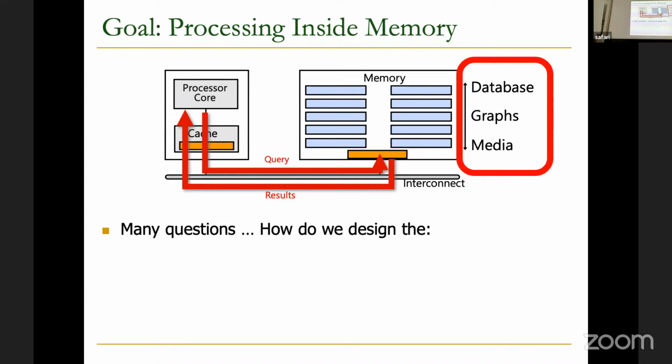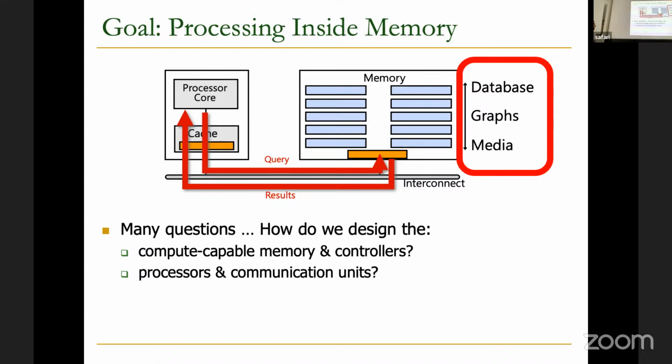This seems quite nice and quite a powerful setup, but there are many design challenges that we need to figure out in order to design this type of architecture. For example, what type of computation capability do we give to the memory device? We don't want the memory to be as powerful for computing as the processor, because that would be quite challenging to manufacture because of thermal limitations and manufacturing costs. How do we communicate across those units?